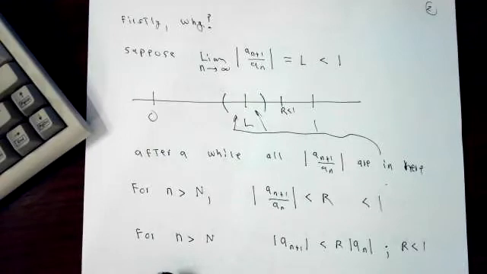So for n bigger than some particular index, this must be true. For any n bigger than this threshold, if you multiply through by the absolute value of a_n, you find out that the absolute value of a_(n+1) is less than R times the absolute value of a_n. And I'm going to keep reminding myself that I'm looking at the case where R is less than 1.